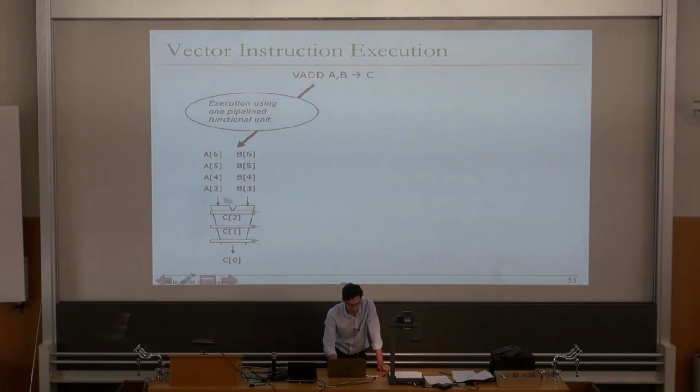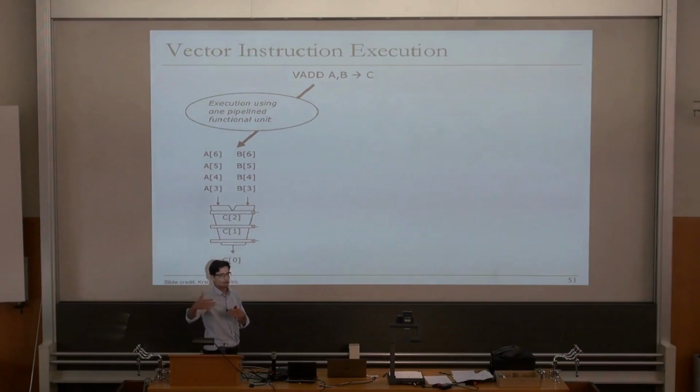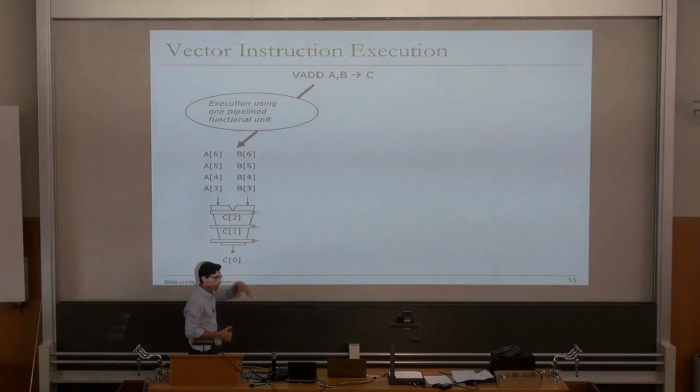We could have one single functional unit where we start to input the different elements that belong to vector registers A and B, and there we will have a deep pipeline, and after going through the entire pipeline, we will get the result. In this case, you have C0, in the next cycle we will get C1, etc.